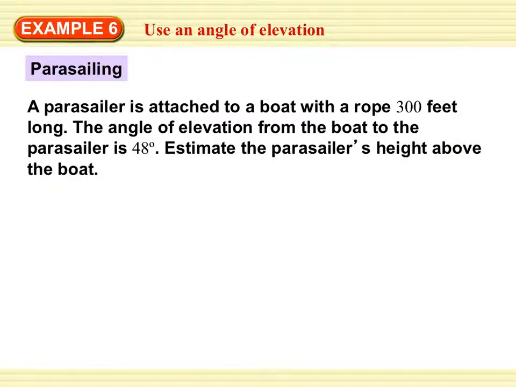A parasailor is attached to a boat with a rope 300 feet long. The angle of elevation from the boat to the parasail is 48 degrees. Estimate the parasailor's height above the boat. A parasailor is, goodness, I've got a boat. Oh, drawing. That's a beautiful boat. I'm in the water.